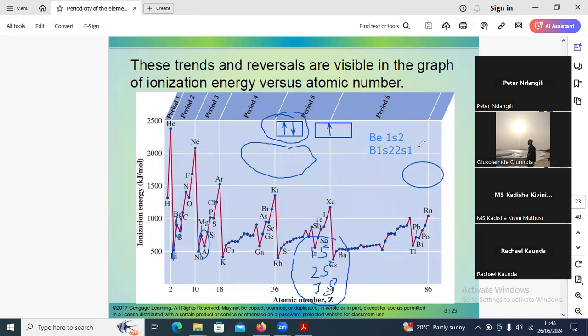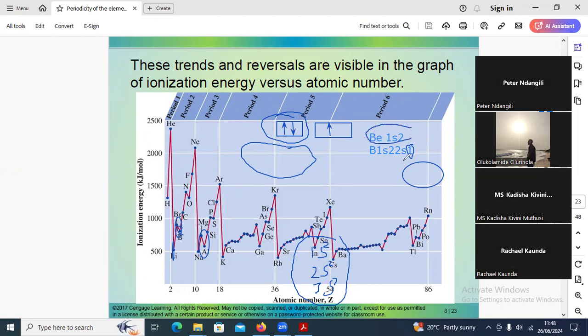But when you have the boron here, it is going to be easy to remove the valency electron, because this valency electron is fully shielded by inner orbitals, and these inner orbitals are fully filled, meaning it will be easier to remove an electron from boron than from beryllium, because beryllium has a stable configuration.